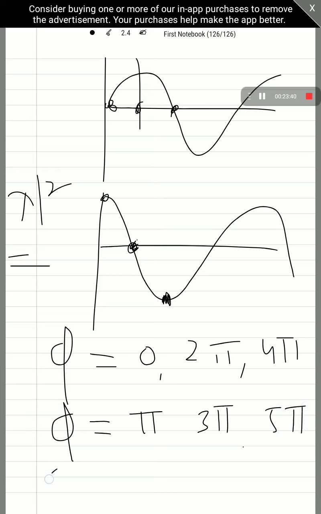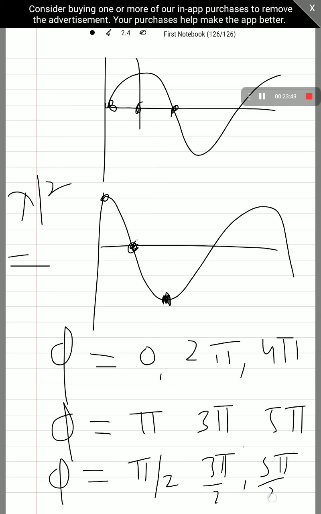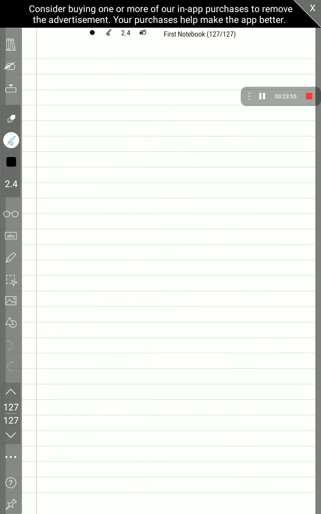And phi value equal to pi by 2, 3 pi by 2 and 5 pi by 2, you are getting minima. Okay, fine. So now let's talk about the fringe width.